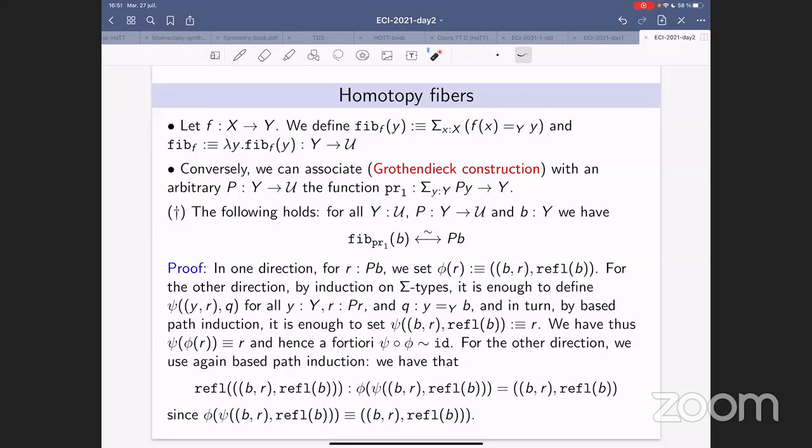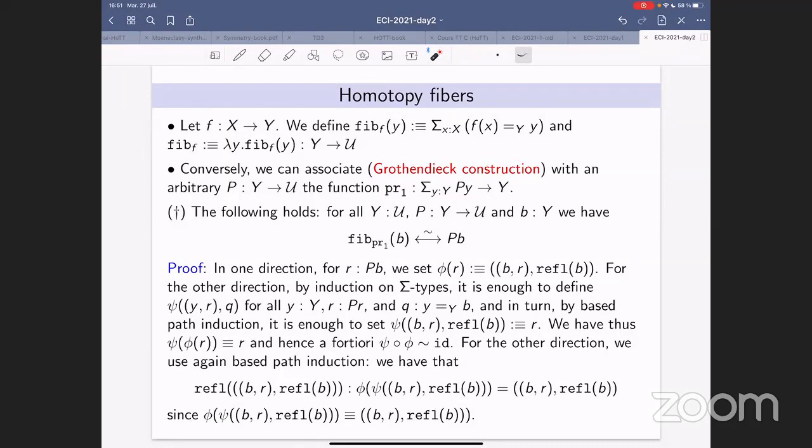So what is a fiber? Well, in the naive set theoretic sense, the fiber of a function f at some element y is the inverse image of y in X. So it's the set of all elements of X that are mapped by f onto y.